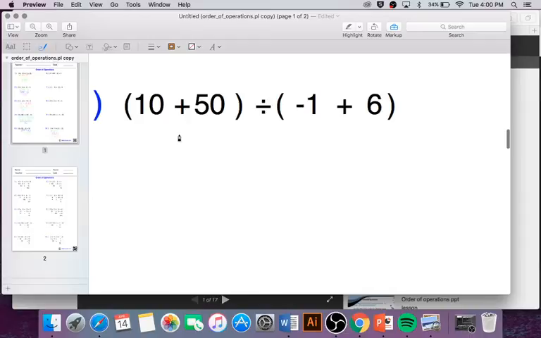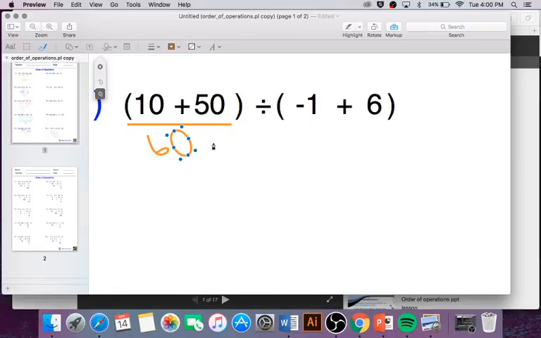Our problem up here. We have 10 plus 50 in parentheses divided by -1 plus 6 in parentheses. So we're going to solve our parentheses from left to right. So 10 plus 50 would be 60.